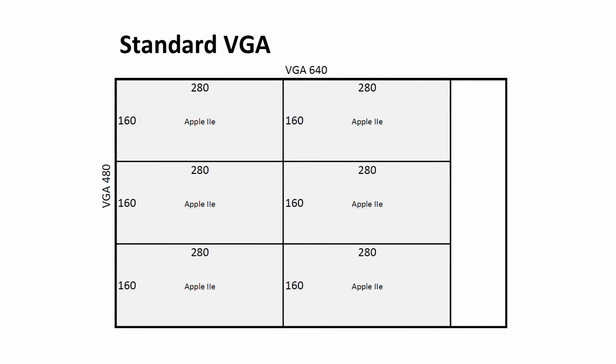So you can actually fit more than 6 of these Apple IIe displays inside a single VGA display. So this high resolution mode in an Apple IIe is really not all that high resolution. It's very, very low resolution by today's standards. But it was pretty awesome back in 1983.